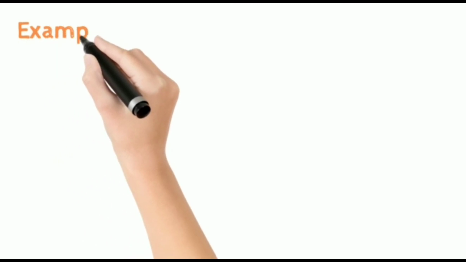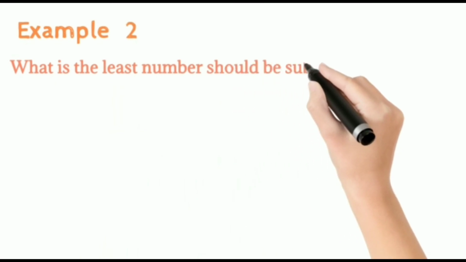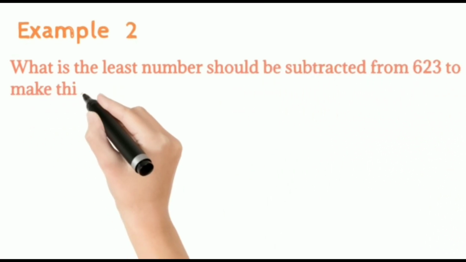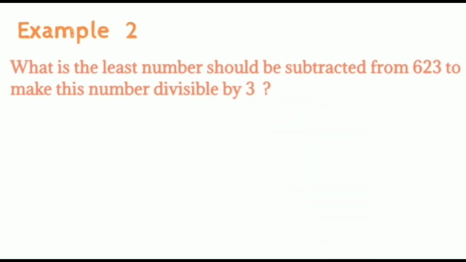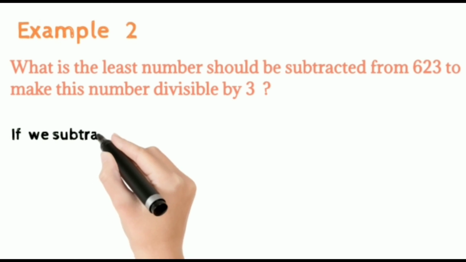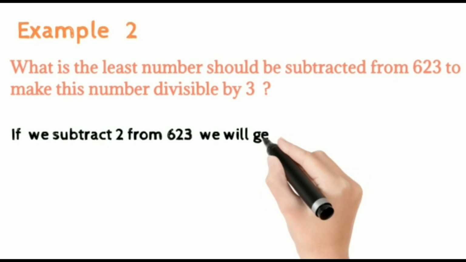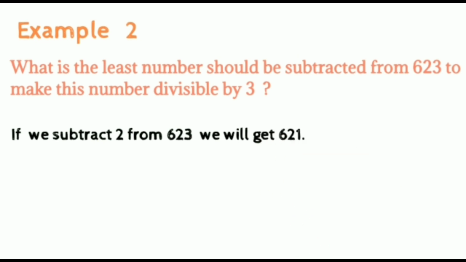Example 2. What is the least number that should be subtracted from 623 to make this number divisible by 3? We already know the rule of divisibility by 3. The number is 623. If we subtract 2 from 623, we will get 621.